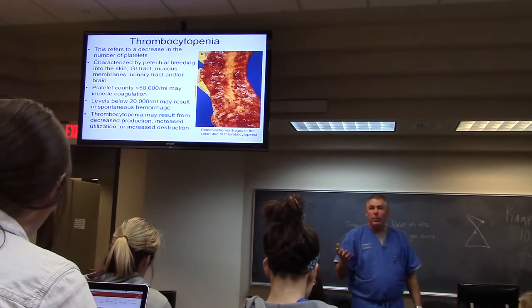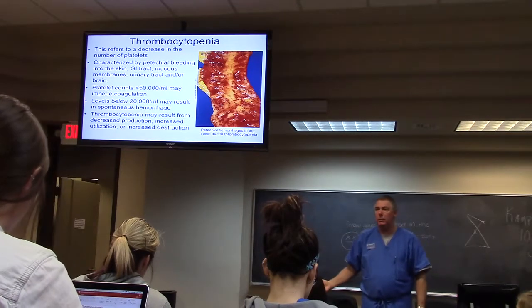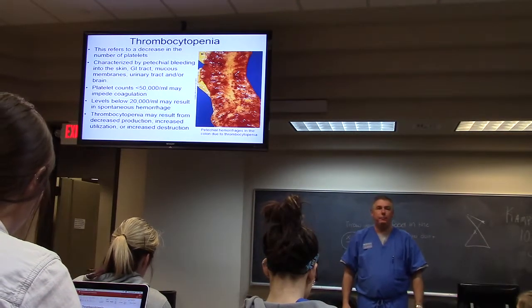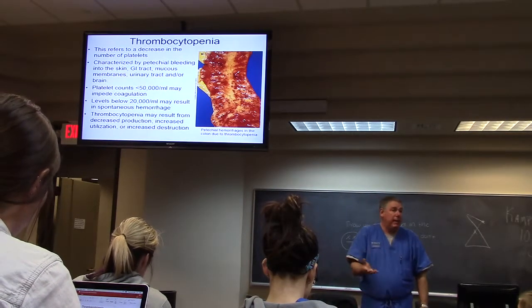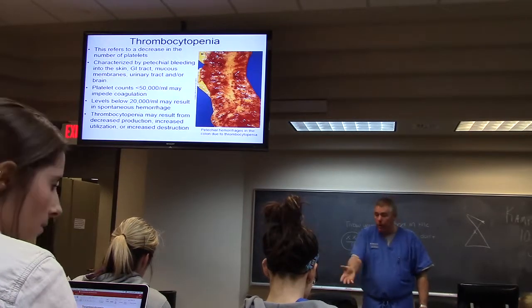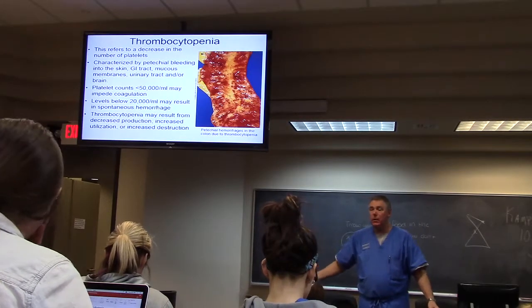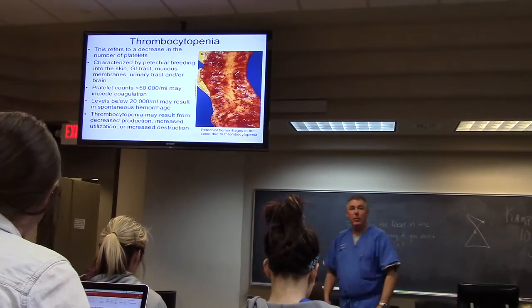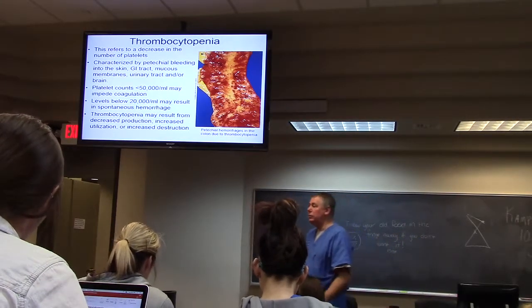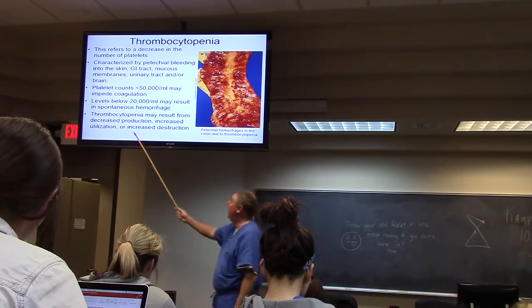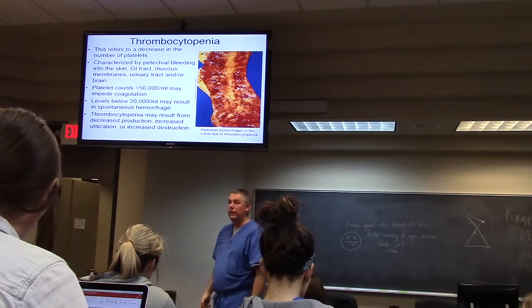You shut down your ability to produce blood cells. That's a side effect of any drug that you take. You look on the warning list, and they'll always list this. One of the things is thrombocytopenia, drug-induced thrombocytopenia. That has to do with decreased production.